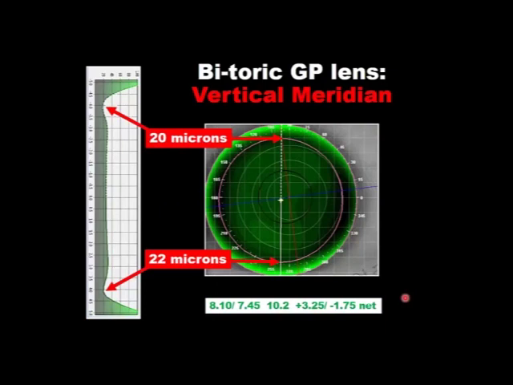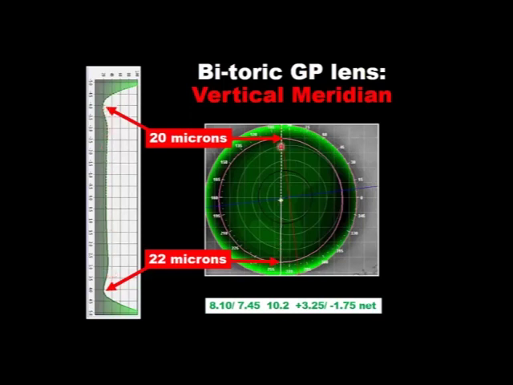However, in the vertical meridian, with that much steeper 7.45 millimeter base curve running vertically in our bi-toric lens, we now have this beautiful 20 microns of fluid running all the way across the optic zone, from optic zone junction to optic zone junction. Instead of having 120 microns up here and over 100 down here, now we have this beautiful looking 20 microns running all the way across the surface.